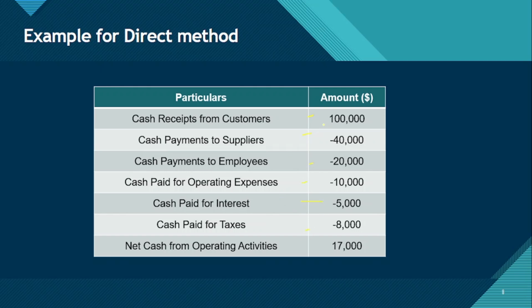This 100,000 is only the cash inflow, so from it we have to reduce all these outflows. Then you will get the net cash from operating activities, which is 17,000. So this is the direct method of preparing the statement of cash flow, which shows all cash inflow and cash outflow directly.